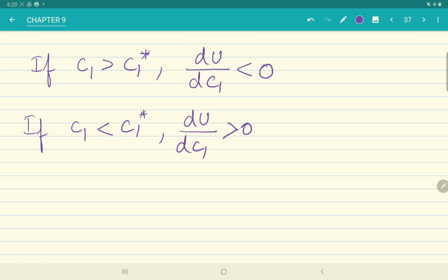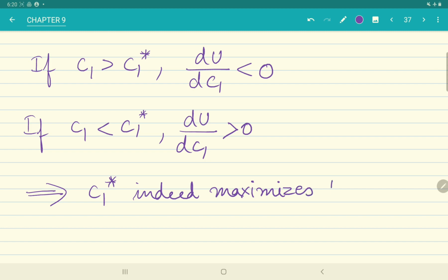So what we see is that if we are to the left of C1 star, the function is strictly increasing. If we are to the right of C1 star, the function is strictly decreasing. And that just means that C1 star clearly maximizes the utility function, U.